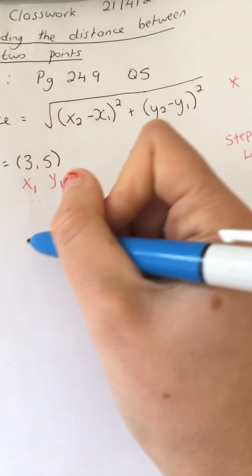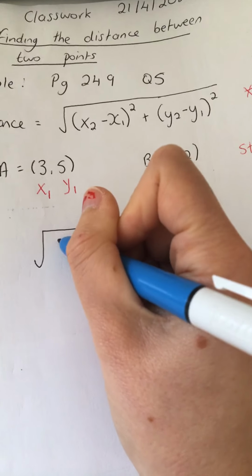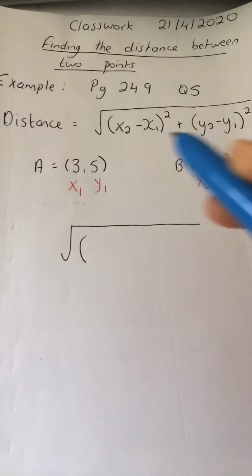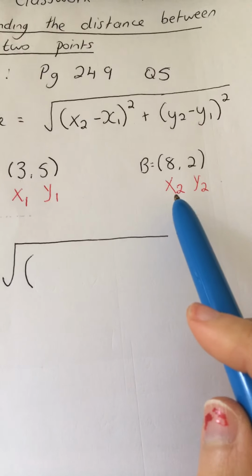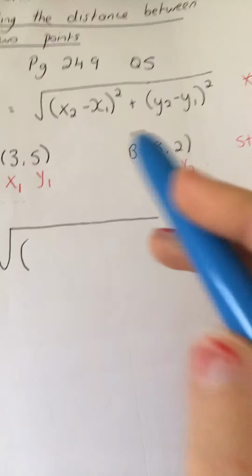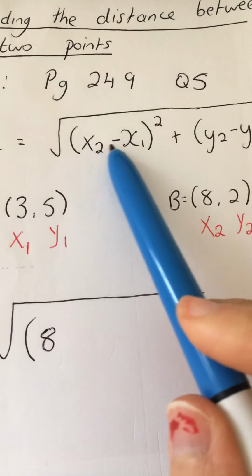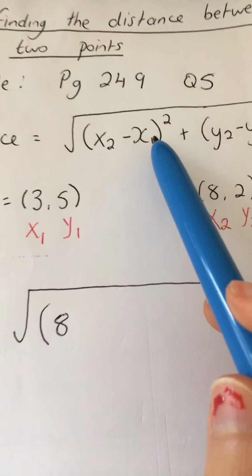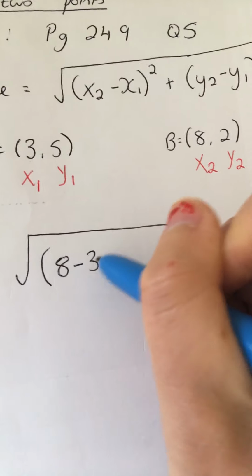Okay, so nice and slowly, I'm going to write it down. We have the square root, bracket. Now the formula tells me to put x2 inside the bracket. So x2 in this question is 8. So I have 8. And the formula tells me to take away x1. x1 is 3. So minus 3.